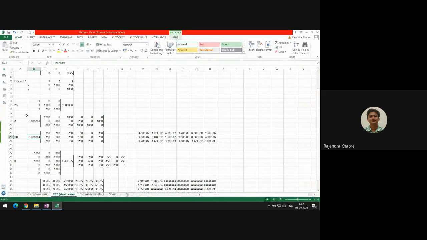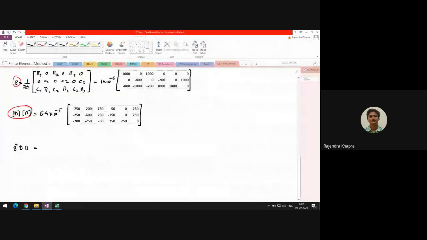Generally what we do is we go for k as the integration over the volume of B transpose into D into B dV. So this B will be constant, it will come out, D will come out, and this B will also come out. Then we are left with integration over the volume, that is dV.